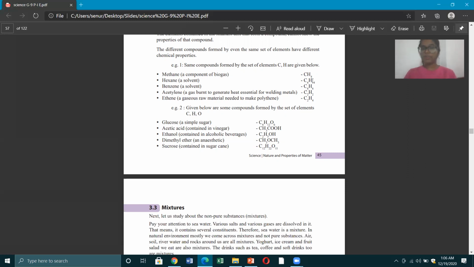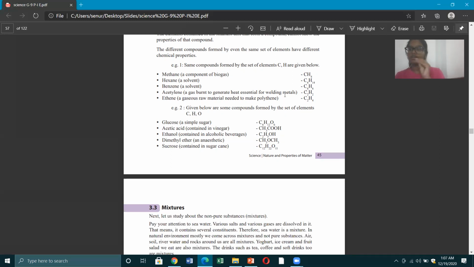The chemical properties of methane gas, which is CH4, are different from those of hexane, which is C6H14. If you take the benzene compound, it's C6H6. So that is different from methane gas, CH4. Why? The ratios are different.